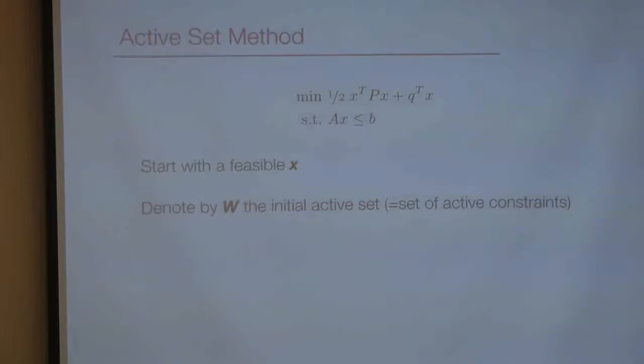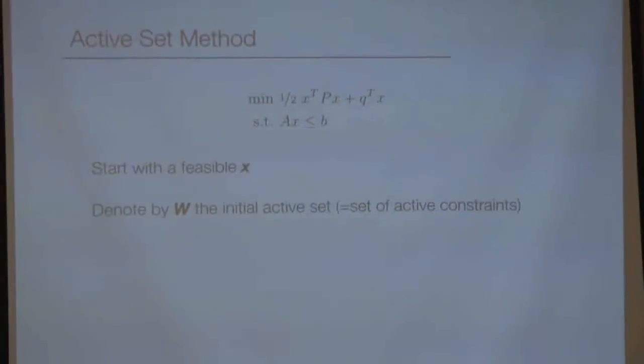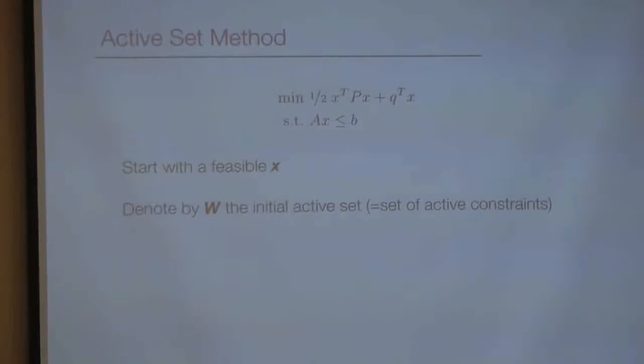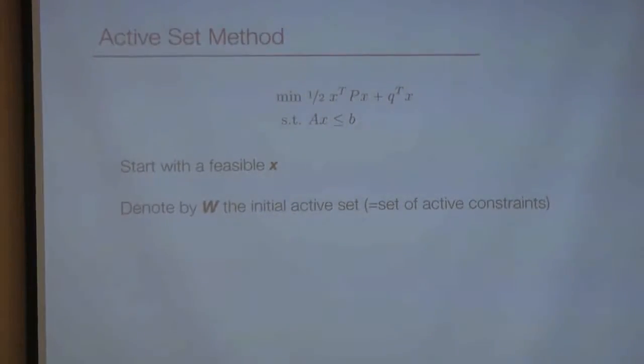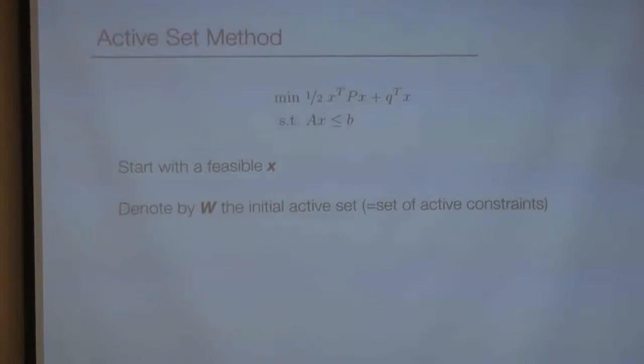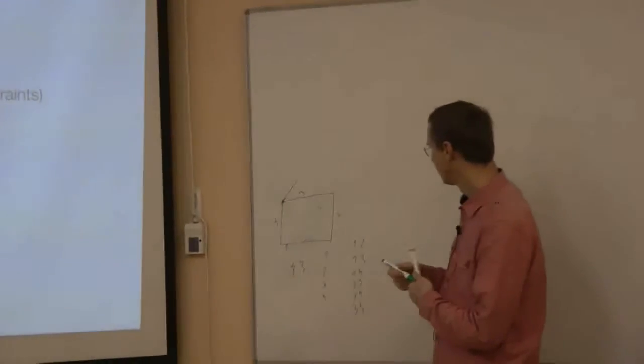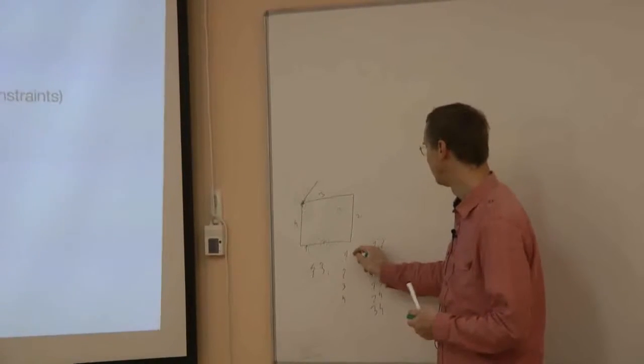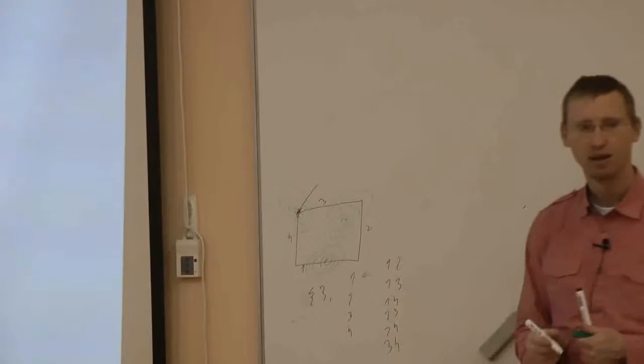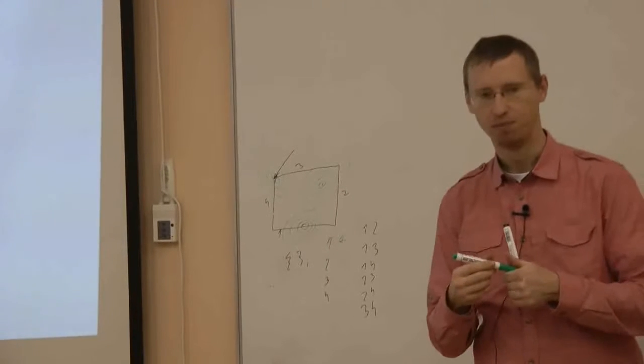Imagine somebody would give you a problem like this, but you would not see it graphically. But the person would tell you that the solution is such that constraint number 1 is active in that solution. How would we solve the problem?